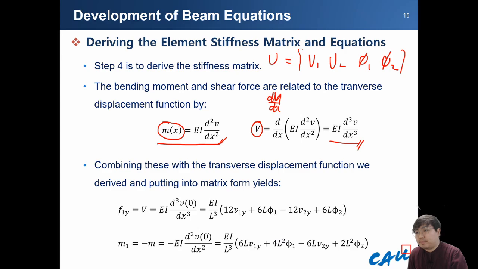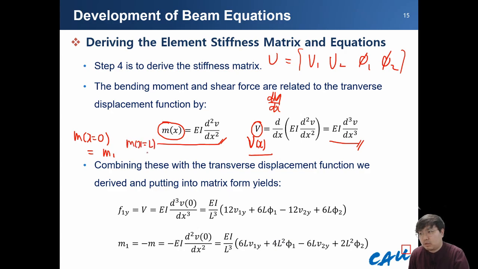In here, the shear force V has some field variable. When x equals 0, the moment is equal to m1, the moment at the first nodal point. And what is the second boundary condition?